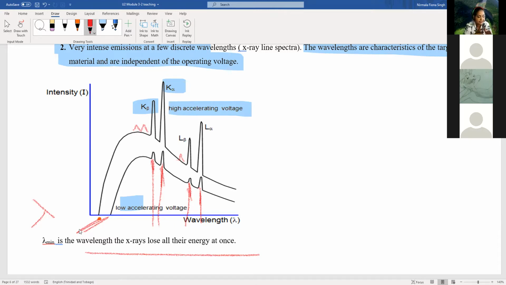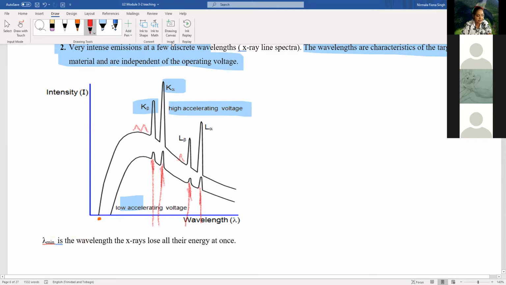We have a particular wavelength where all of the energy stops, because that's where we go from X-ray to probably UV. So we don't have enough energy to produce an X-ray. You need a certain amount of energy to produce X-rays, and when you drop below that certain amount, we stop producing them. So here we have lambda min, simply the wavelength at which all your X-rays lose their energy at once, as in they just stop working, they fall down flat.